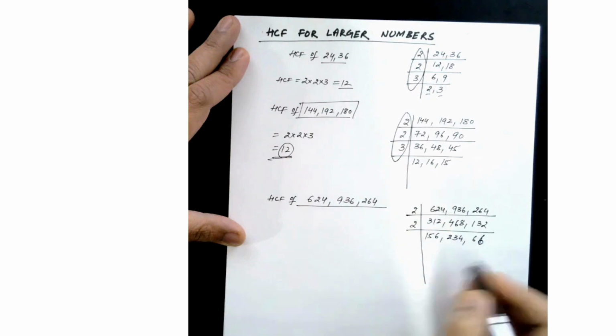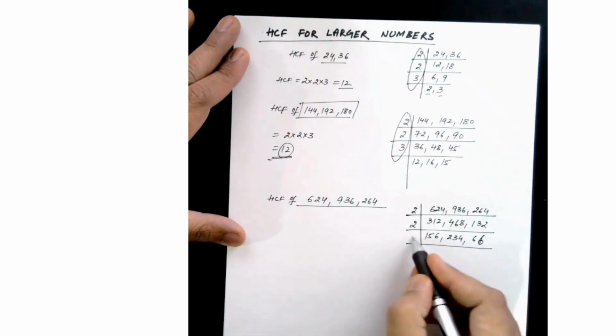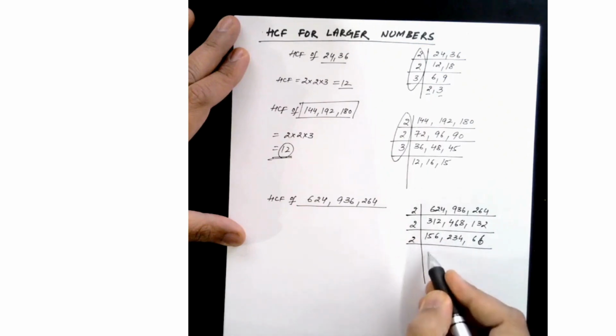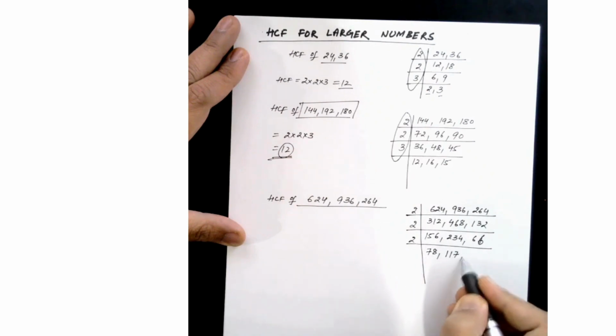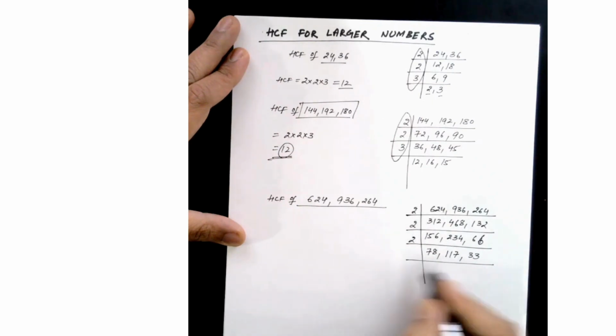So now we can further divide by 2. This is 78, 117 and 33. And we cannot further divide by 2, so let's try with 3.